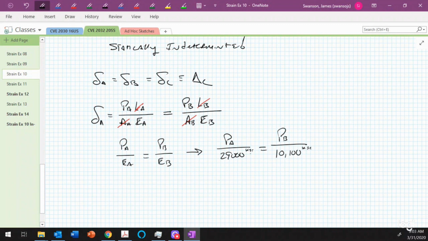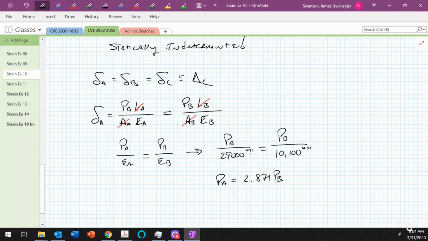So then here I could solve for P_A. 29,000 divided by 10,100 gives me 2.871, so P_A is equal to 2.871 times P_B.